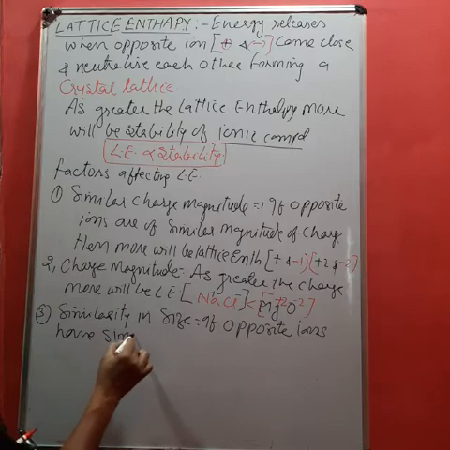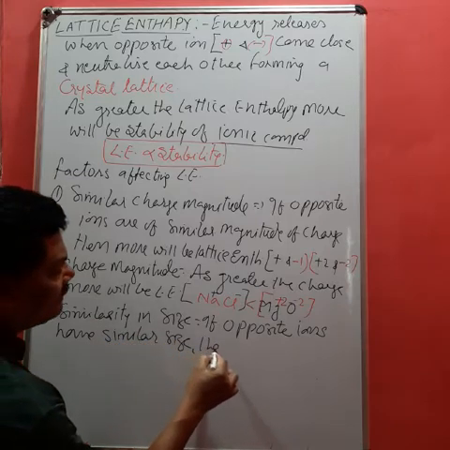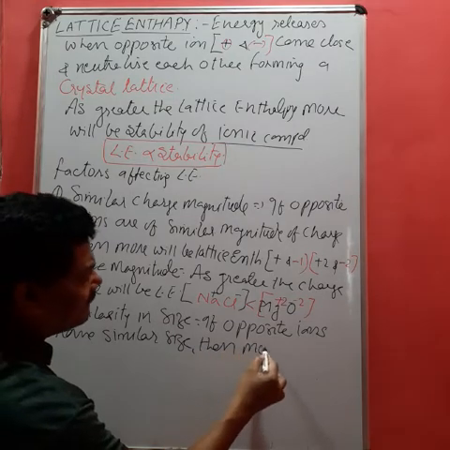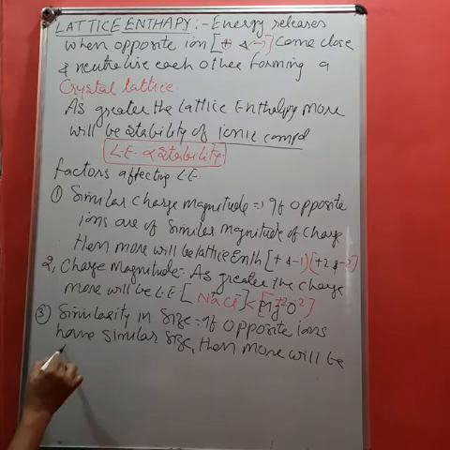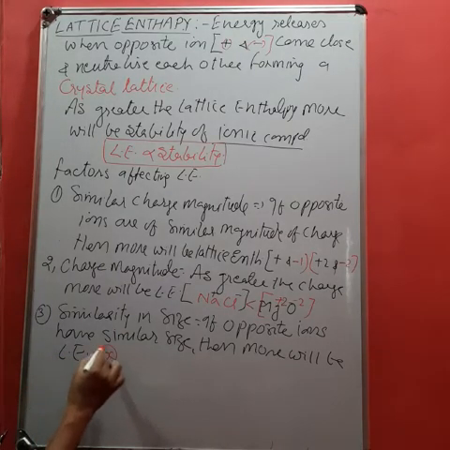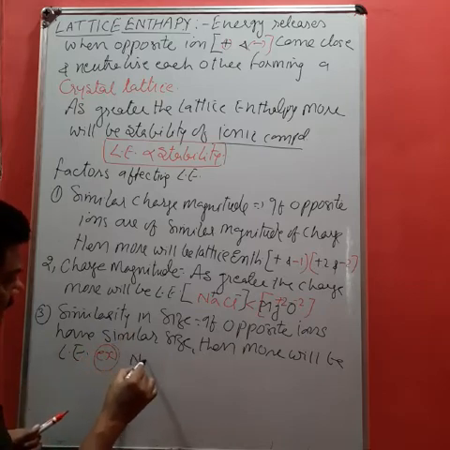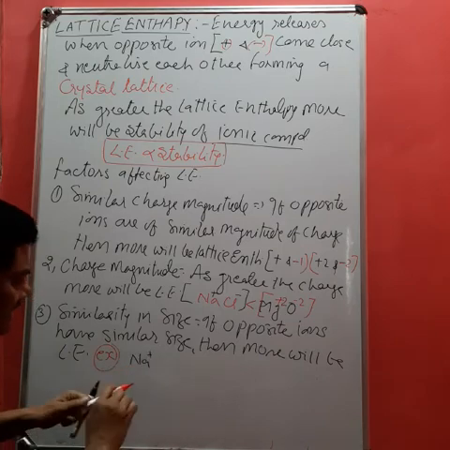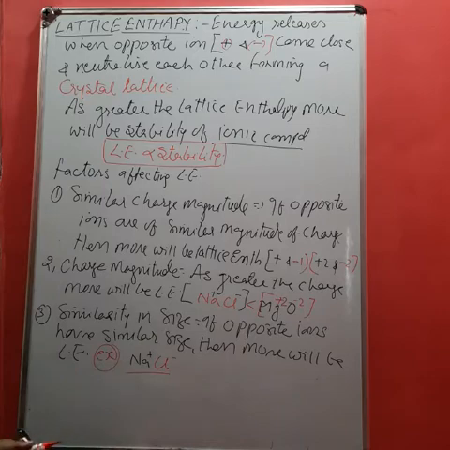Similar size, then more will be the lattice enthalpy. More will be what? Lattice enthalpy. Take the example. Now the similar size, like Na cation size is similar to size of Cl anion, isn't it?